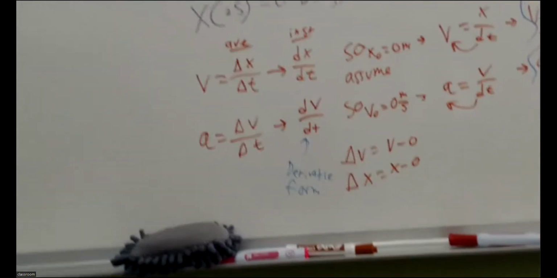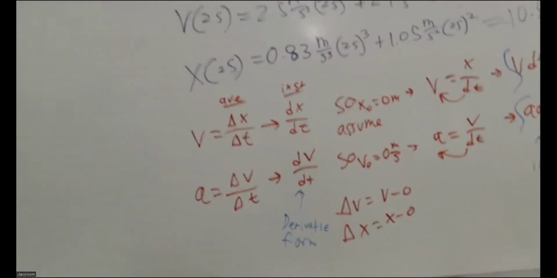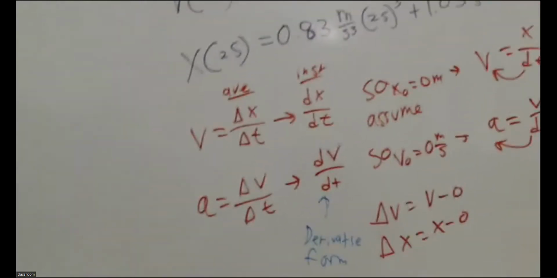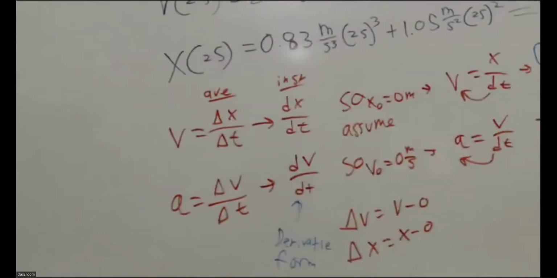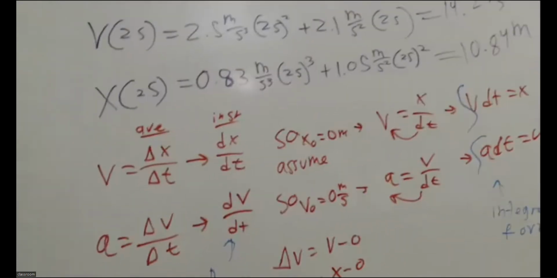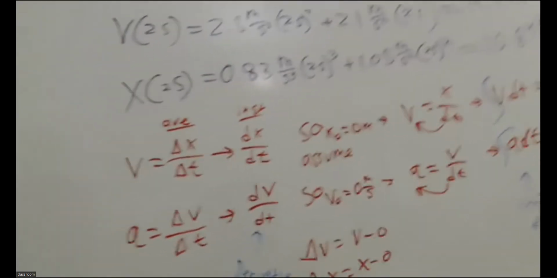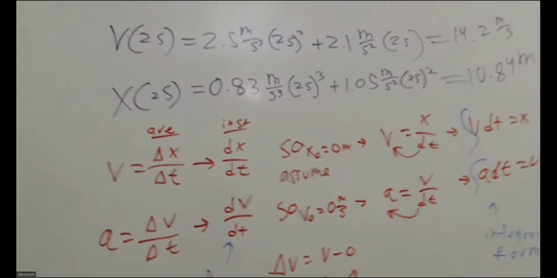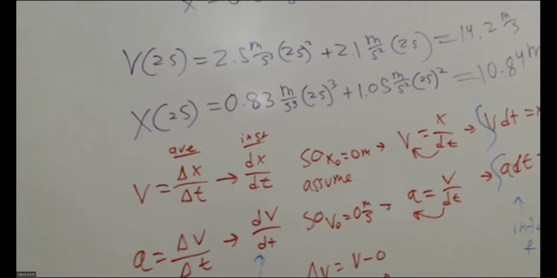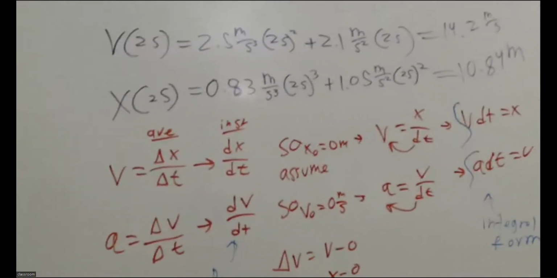Because you know that velocity is delta x over delta t, which is the same for your average velocity. But for instantaneous velocity, I think the book tells you you're taking the limit. The easier way to do that is to do the dx over dt version and then take the integral.